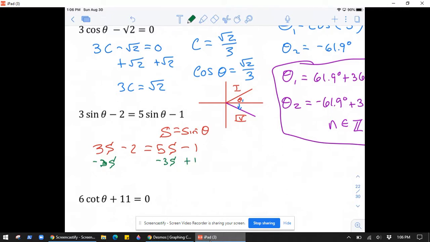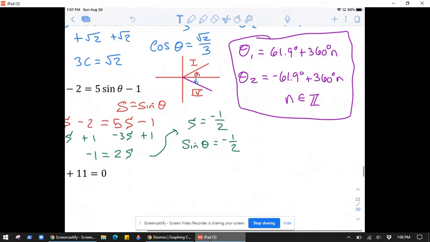And let's add 1 to both sides. So this becomes a negative 1 over here. I get a 2s over here. So therefore I get that s is equal to negative 1/2, but of course s was really a stand-in for sine of theta.